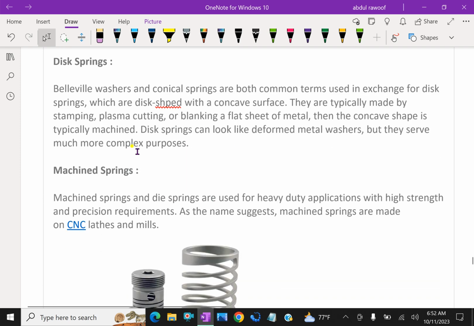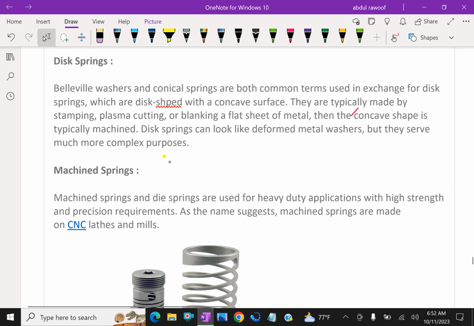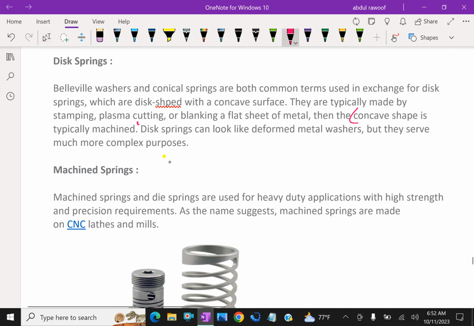Disc springs, Belleville washers, and conical springs are all common terms used interchangeably for disc springs, which are disc shaped with concave surfaces. They are typically made by stamping, plasma cutting, or blanking a flat sheet of metal. Then the concave shape is typically machined for the plate spring.